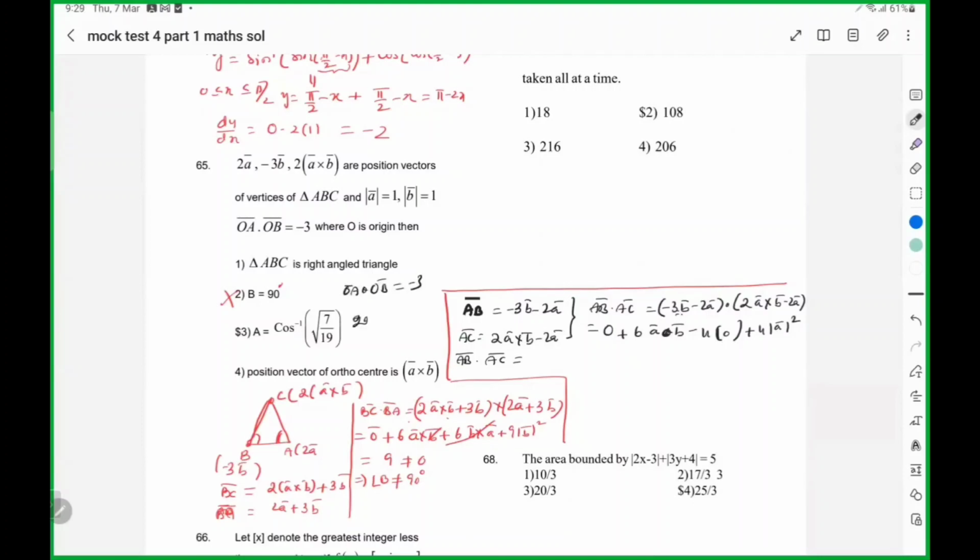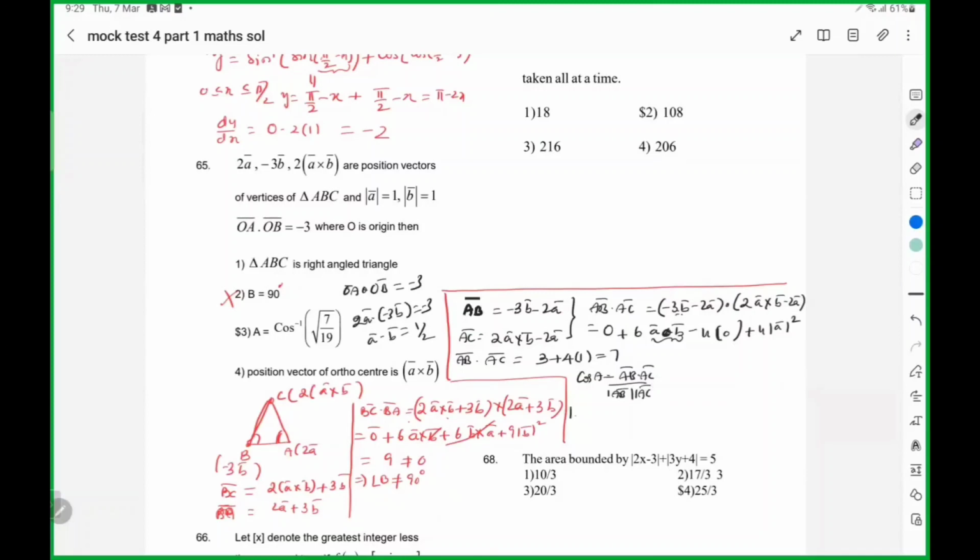OA means 2A bar dot minus 3B bar is minus 3. So A dot B becomes half. 3, A dot B is half plus 4 mod A square, which is 7. That means angle A is not 90 degrees. Let us find out angle A. Cos A will be AB dot AC by mod AB mod AC.